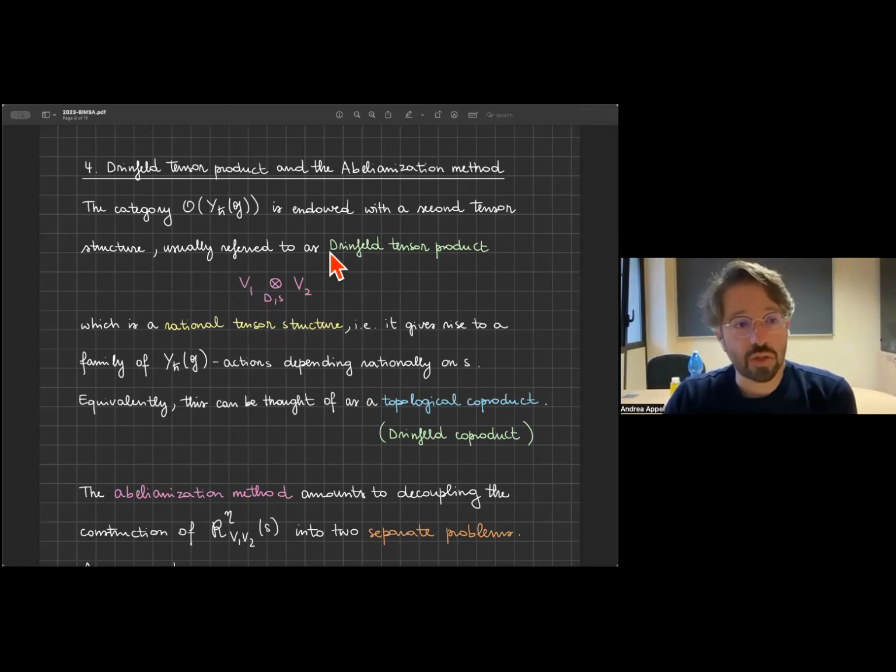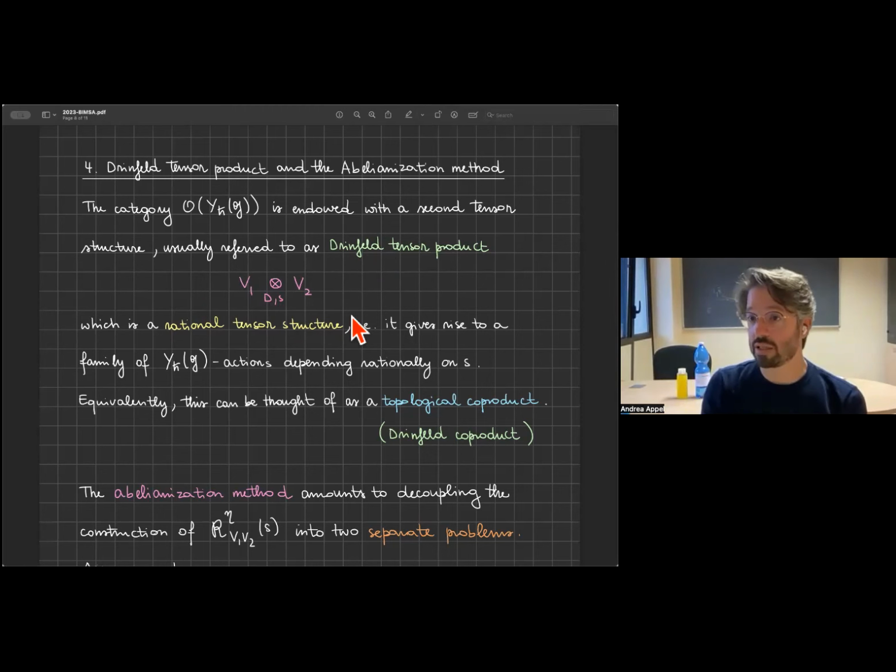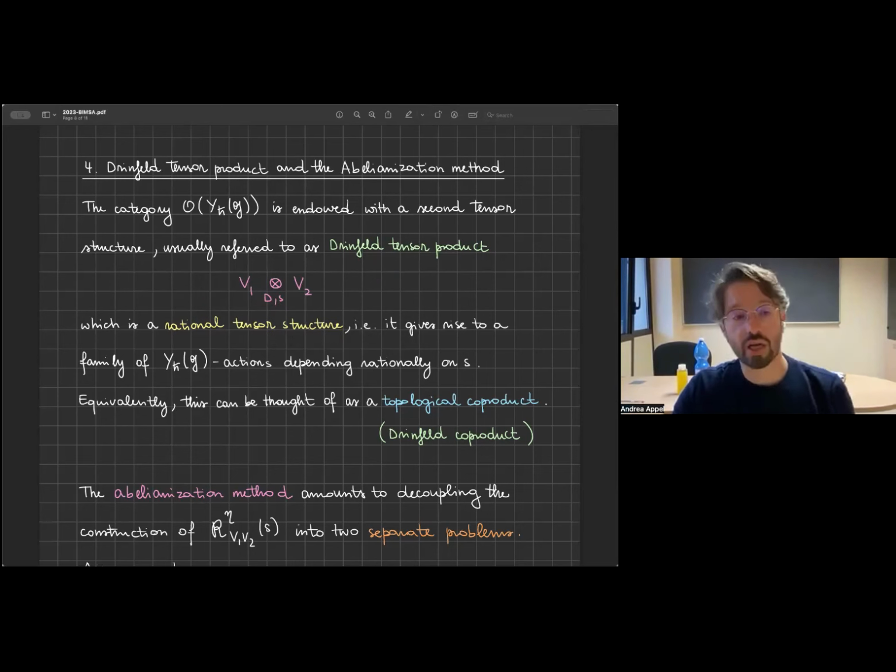So there are possibly poles, and this tensor product is not always defined. This tensor product is usually referred to as the Drinfeld tensor product, and I will denote it by this tensor D, S. Again, this is a tensor product depending on a parameter. And concretely, what is this? Well, basically, this is exactly the same datum as saying I have a family of actions of the Yangian on V1 tensor V2.